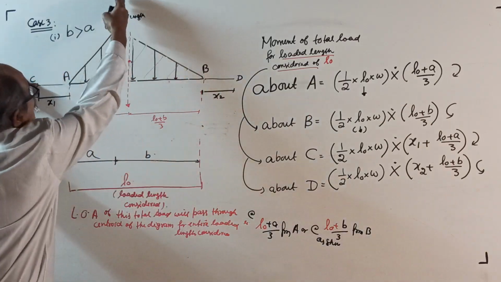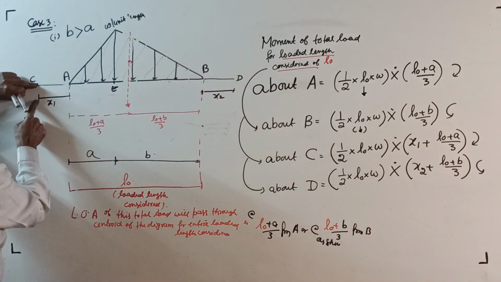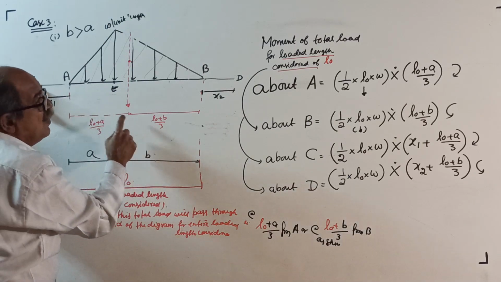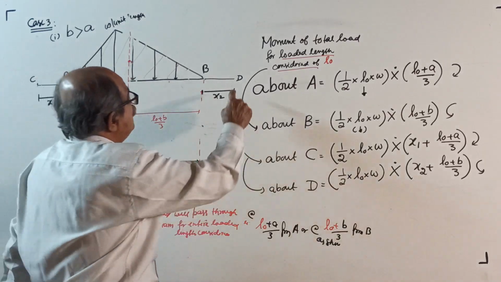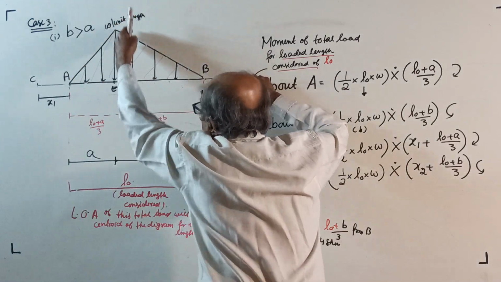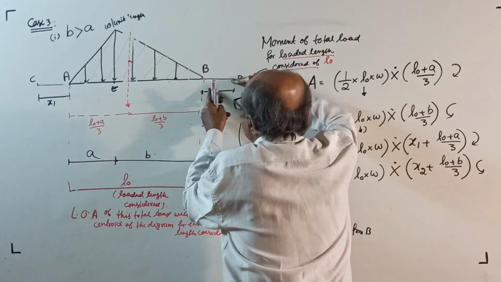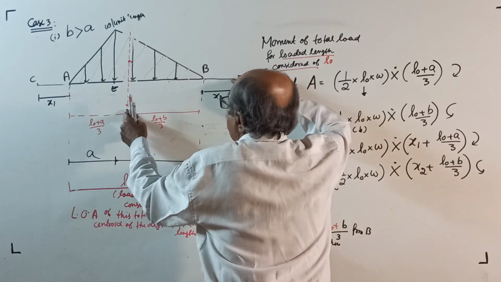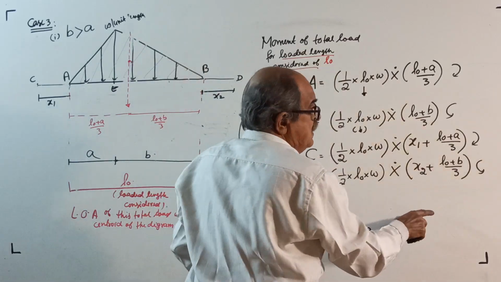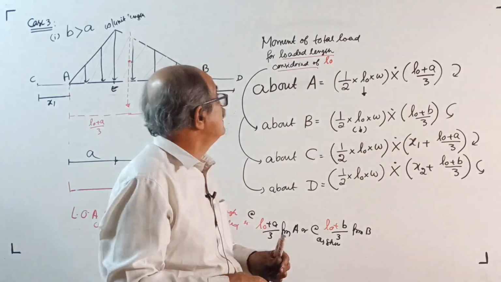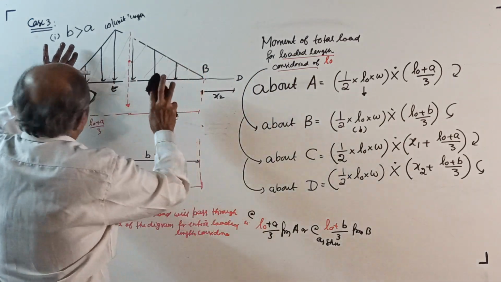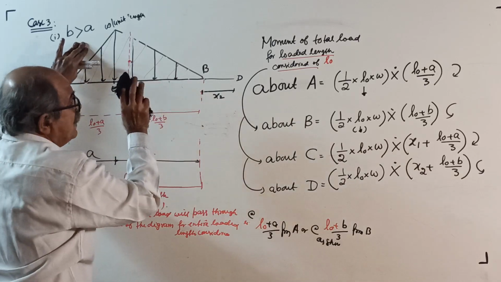Moment about C: total load into x1 plus L naught plus A by 3, clockwise. Moment about D: again the same total load into x2 plus L naught plus B by 3, anti-clockwise. Write everything. This is one bookwork type.